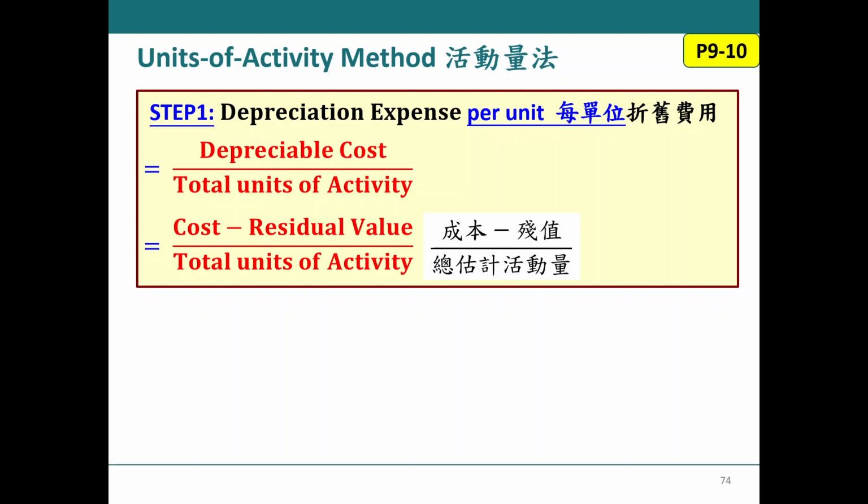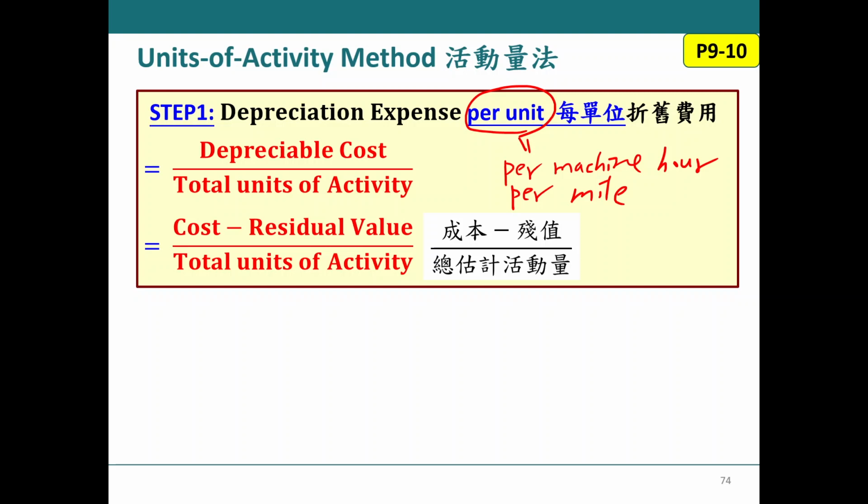So each unit should be the same. So I try to get per unit, maybe per machine hour, or maybe per mile. So they should be the same. So how? Actually, the same as straight line method.